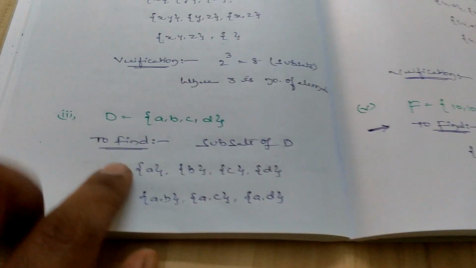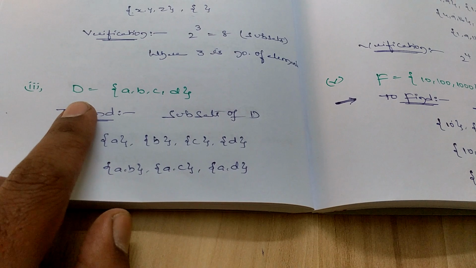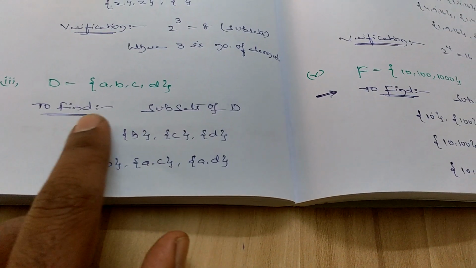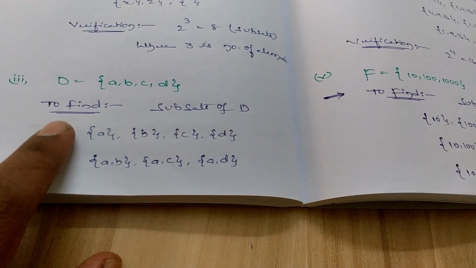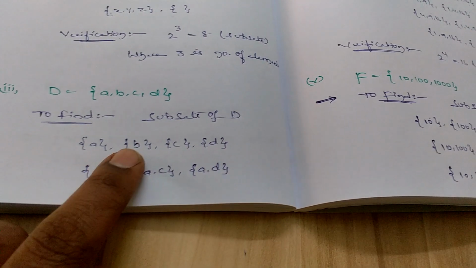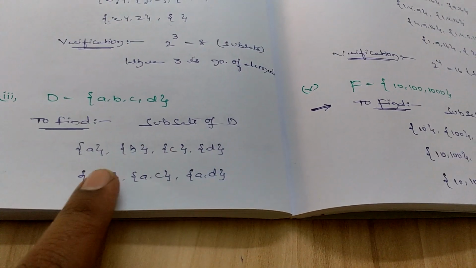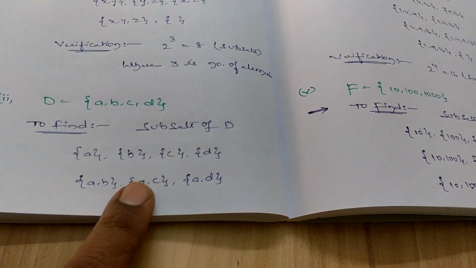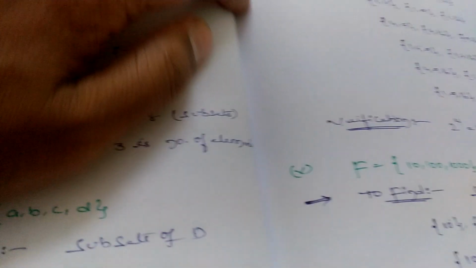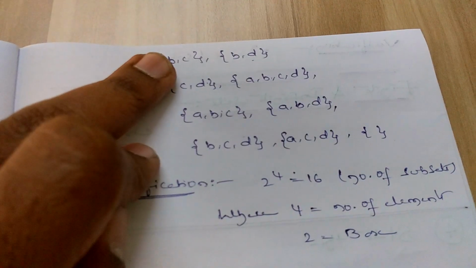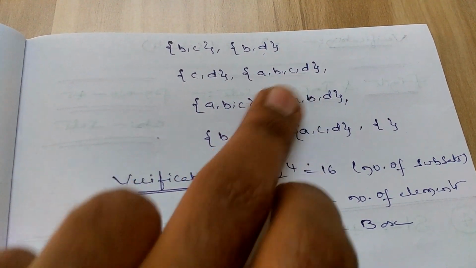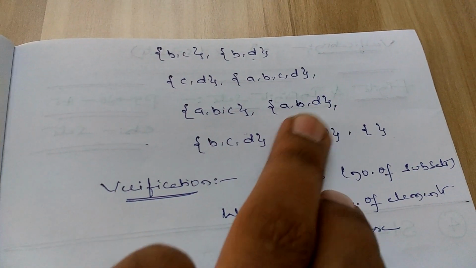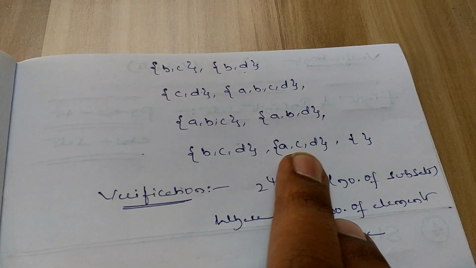Okay, coming to the third one. They gave D equal to {A, B, C, D}, and we have to find the number of subsets for the given set D. So take down all the subsets here. A, B, C, D, and AB is a part of D. AC, AD, BC, BD, CD, and ABC, ABD, BCD, ACD, and the null set.